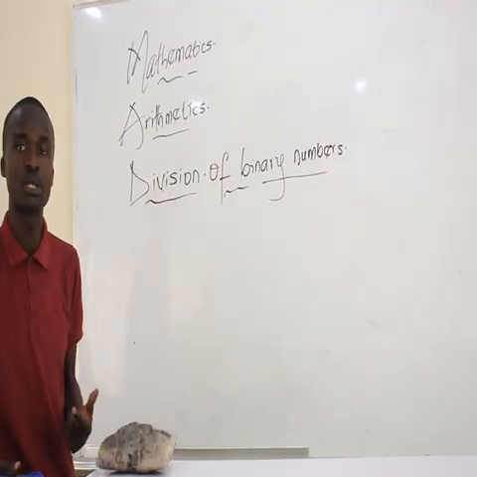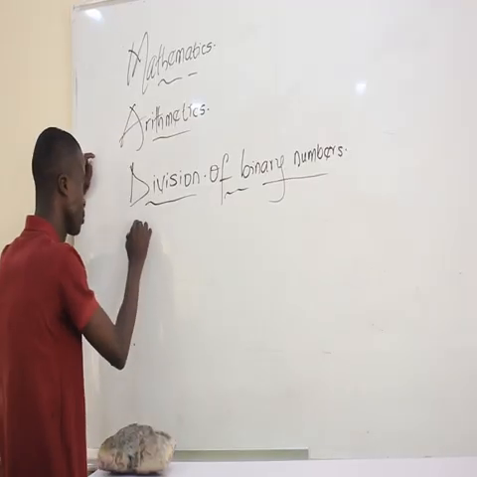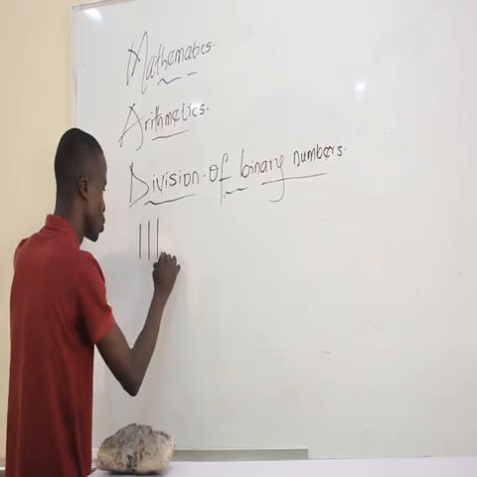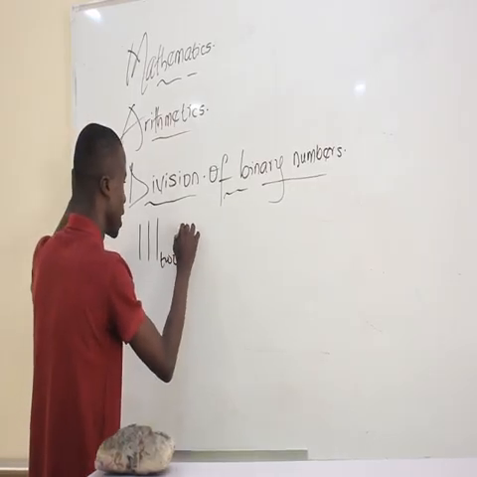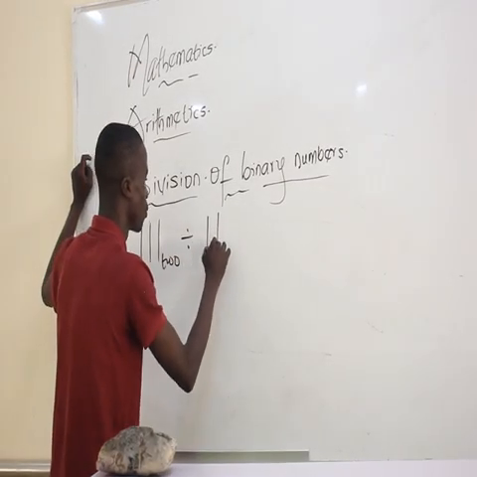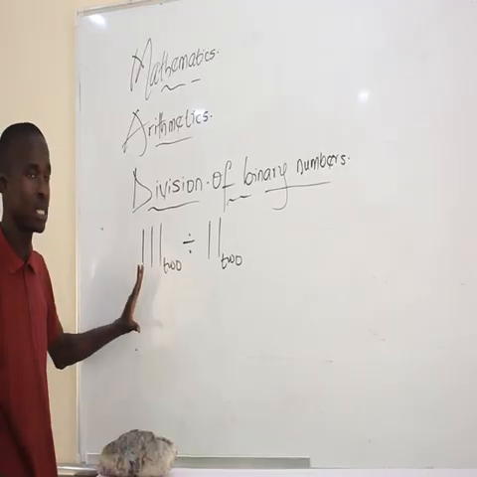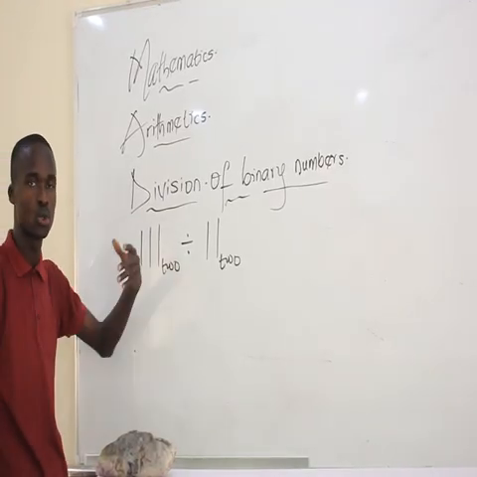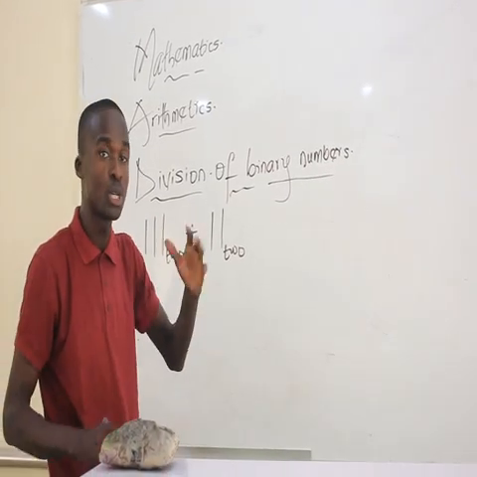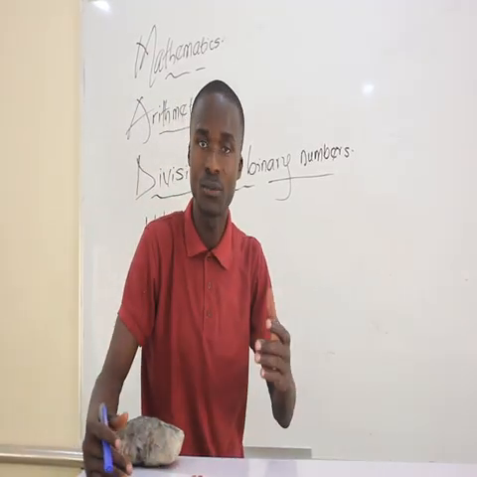Now, for us to carry out this division, for example, 1 base 2 divided by 1 base 2. Now, if this is difficult for you to do directly, you can use the long division method.